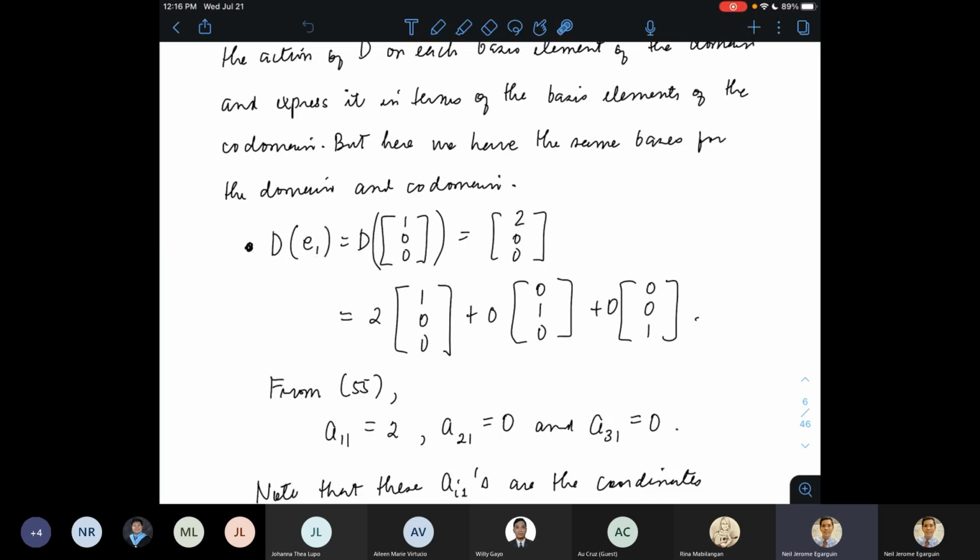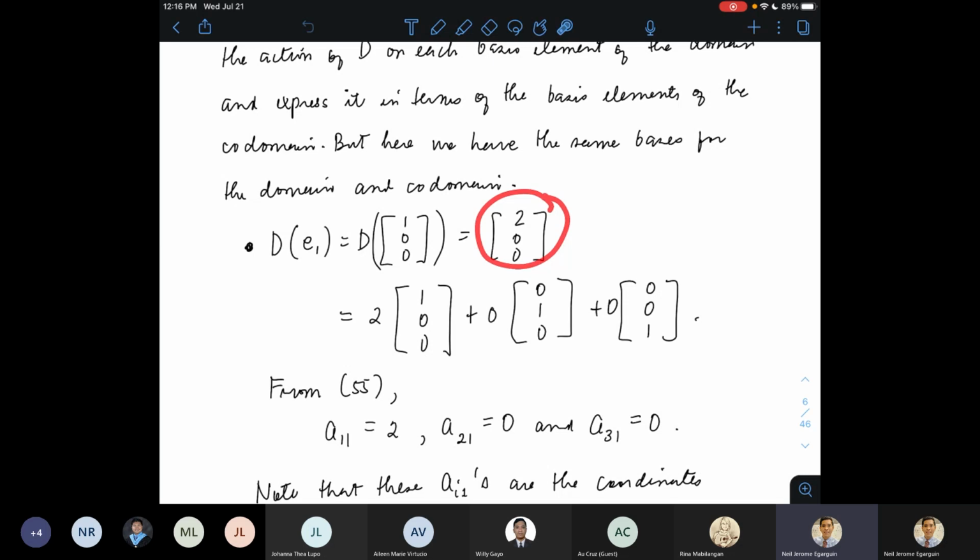Okay, so it's just the double of the matrix 1, 0, 0, and that's going to be 2, 0, 0. All right. But remember that the entries in the matrix are actually determined by the coordinates of the image. Remember our Aij earlier in equation 55 depends on the scalars we use in the representation of the image with respect to the chosen basis.